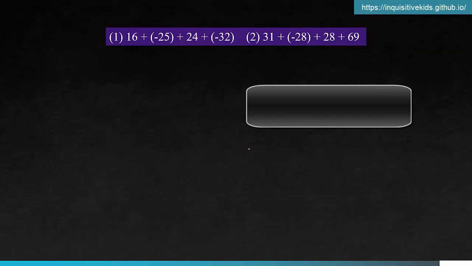Here we have 16 plus negative 25 plus 24 plus negative 32, and also 31 plus negative 28 plus 28 plus 69. So let's try to solve this first problem here. First, we can add together the negative numbers and also add together the positive numbers using the associative property of addition.